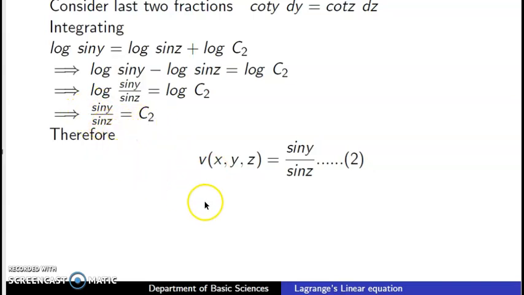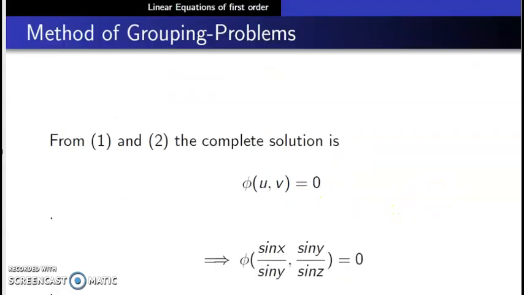So we get another function which is equal to a constant. Let us choose this function as v of x, y, z. So we get v of x, y, z is equal to c2. That is v of x, y, z is equal to sin y by sin z. We put it as equation number 2. Thus we have got two independent solutions for our subsidiary equations, which are sin x by sin y and sin y by sin z.